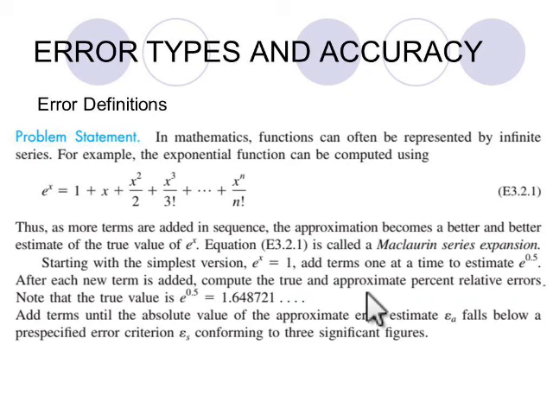And now we are asked to calculate the true and approximate percent relative errors. Of course, when the power is 0.5, this is the value that you have: 1.648721, and it goes like this.